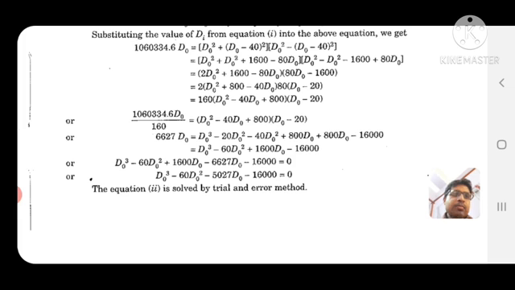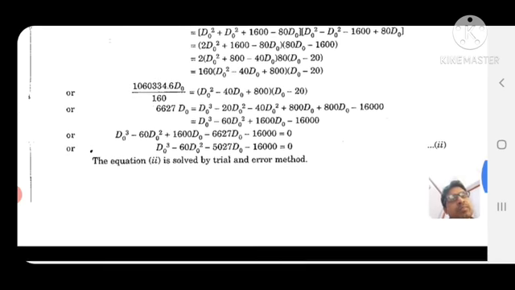So after calculating, d0 square plus d0 square plus 1600 minus 80 d0, and d0 square minus d0 square minus 1600 plus 80 d0.